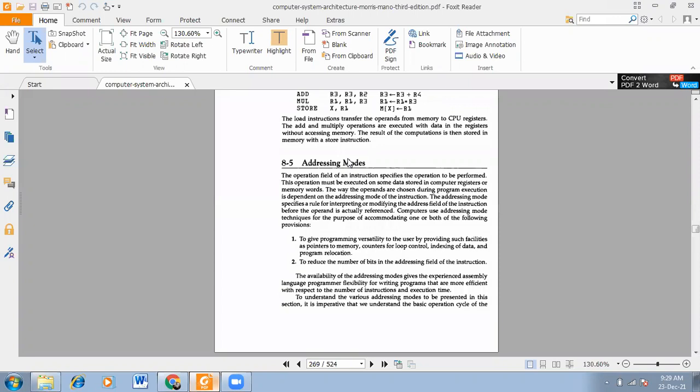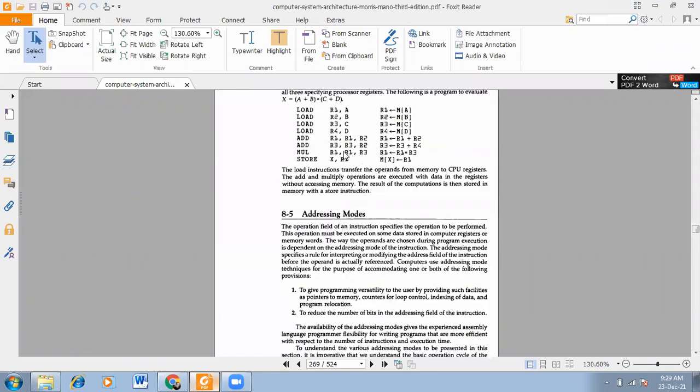You are not getting the data from that particular memory location. The address given is the address of the operand, not the operand itself. Okay. So that is the addressing modes.